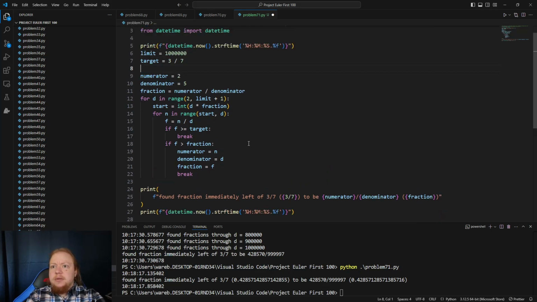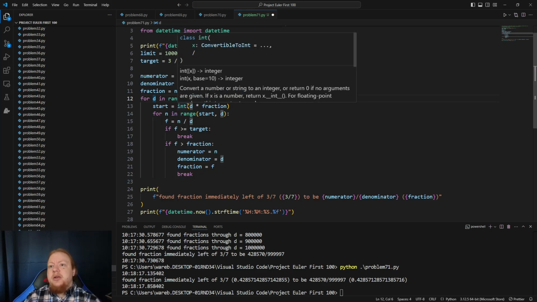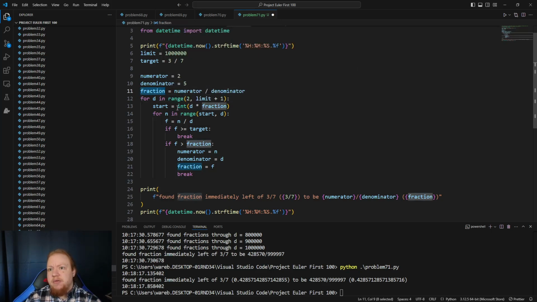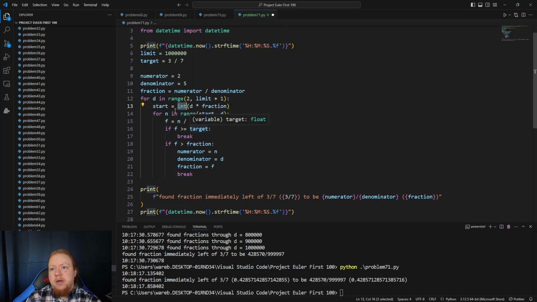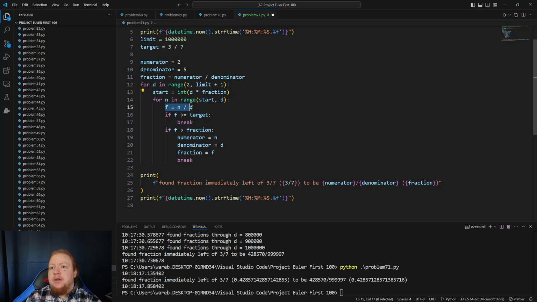Okay. So, all we're doing is we're saying, for every d in this range, start is going to be d times whatever fraction, but convert that to an int, which should be flooring it. So, like, if the answer for this is 2.4, this should be 2. And then calculate the decimal equivalent of the fraction.